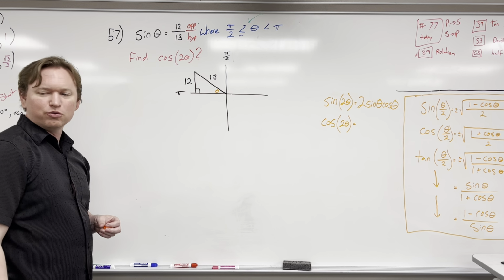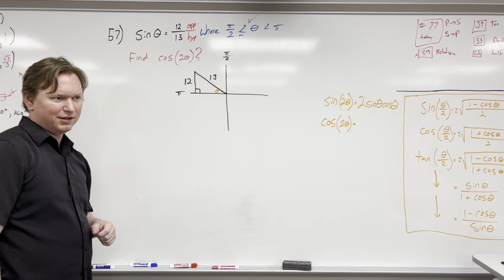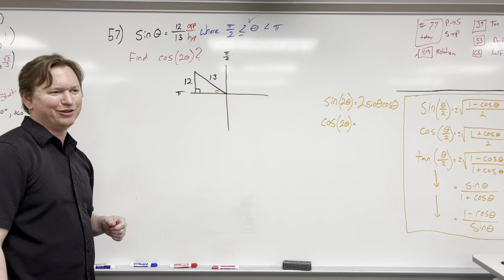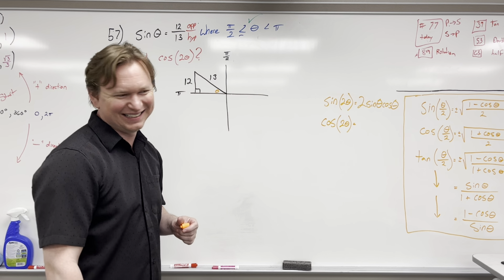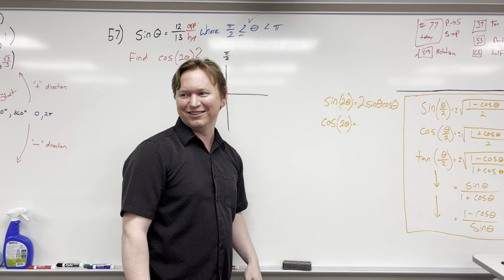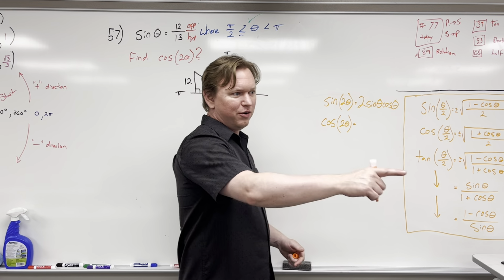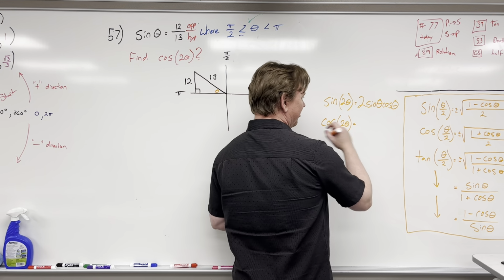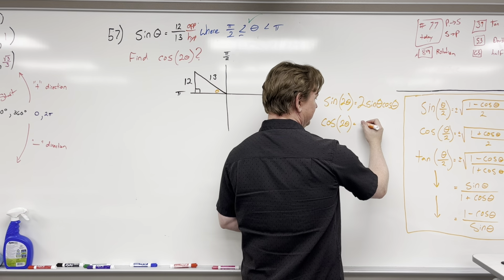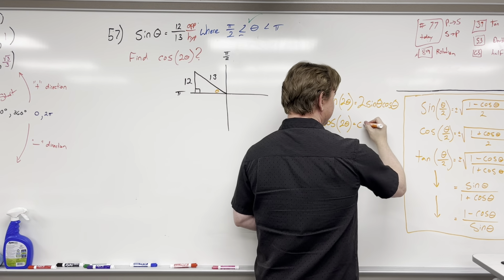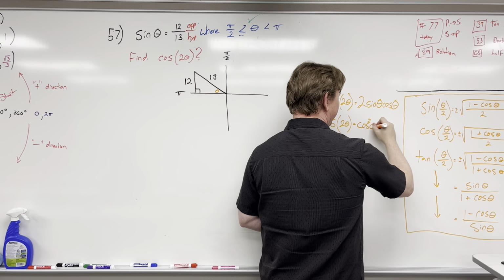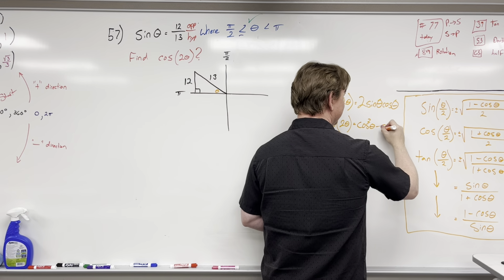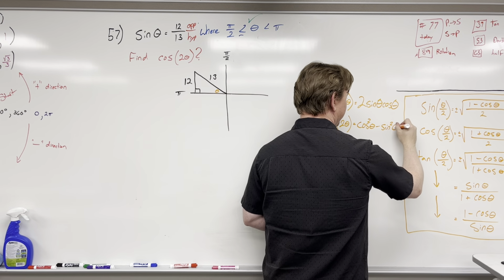Does anybody know the first one? And when I say first, do you know that alludes to there being 3 of them that are equal to this one? Do you remember what it looks like? Okay, it is cosine squared theta minus sine squared theta.